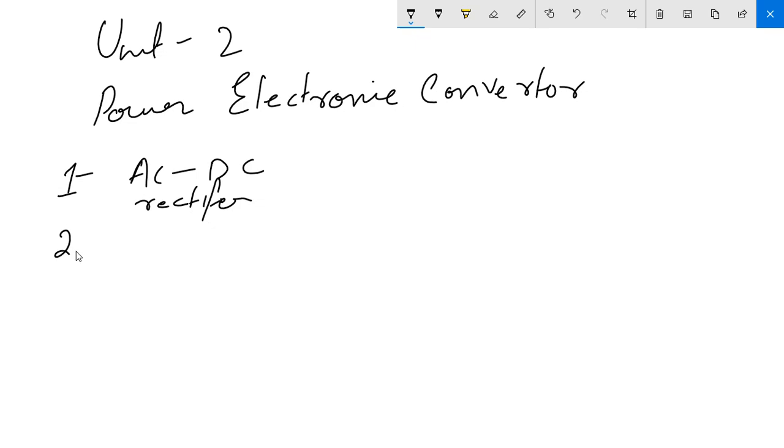Second is DC to DC, which you can name a chopper or buck boost converter. Third is DC to AC, and this is called an inverter.